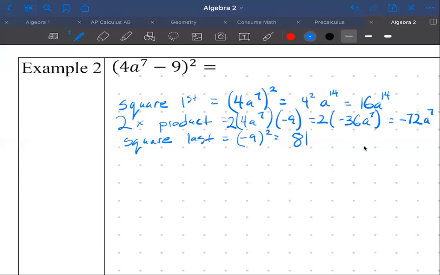Not quite. It's a negative times a negative, and a negative times a negative is a positive. Cool, so there it is. Thank you, Gunnar. Then we put all these together, and we're done.